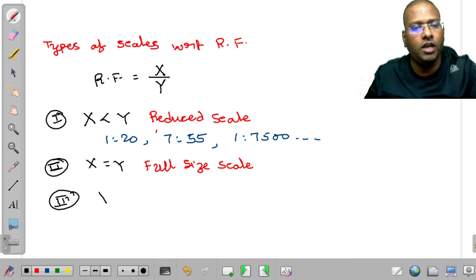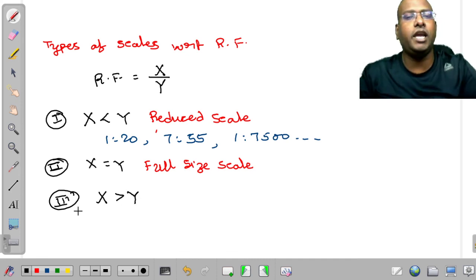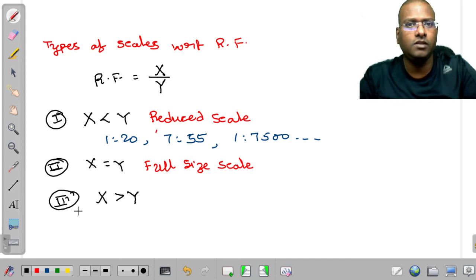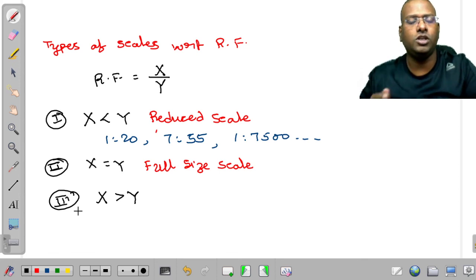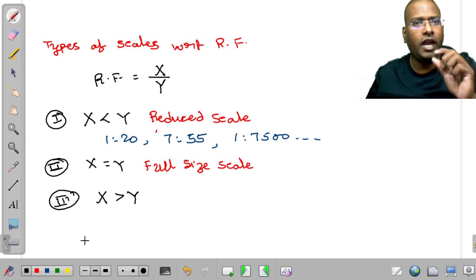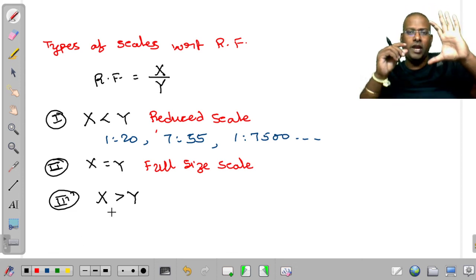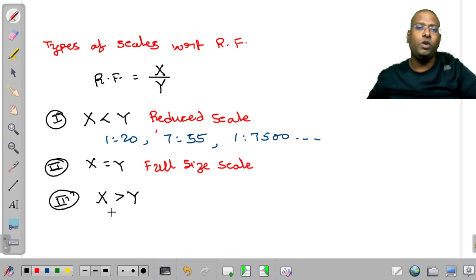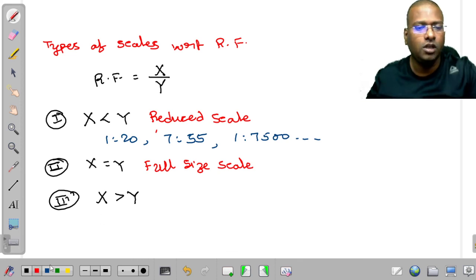Sir, what about the third one? This is considered whenever x is greater than y, meaning the drawing size will be more than the actual size. Whenever we want to explain the microstructure of a particular material, the grain structure of a material, we use this case. So here the actual size is small and the drawing size is large. We are enlarging the dimensions, so it is called an enlarged scale.